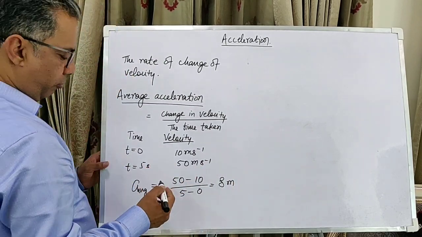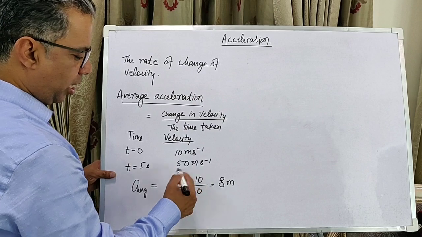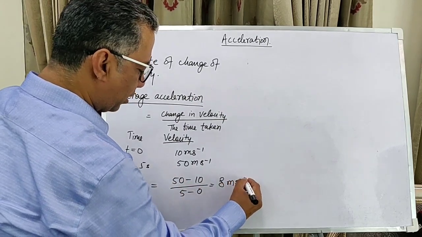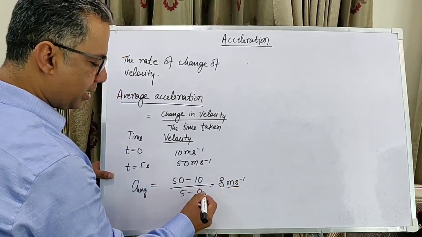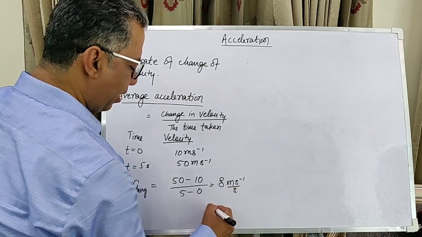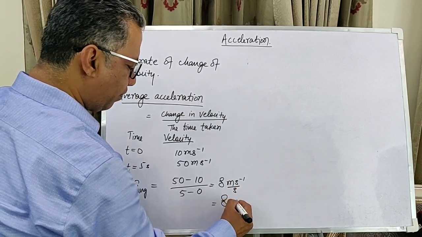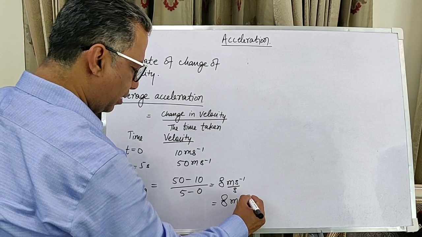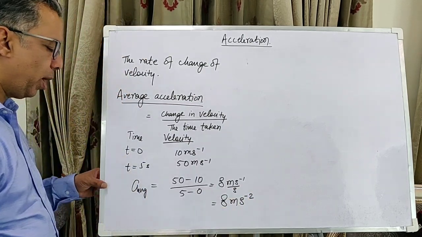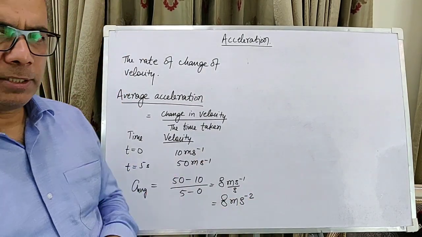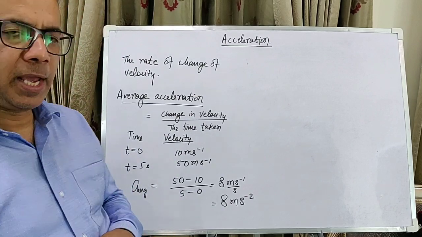Now what's the unit? This is change in velocity, that's meter per second, divided by time, which is second, and therefore the unit ends up being meter per second square. So that is average acceleration.